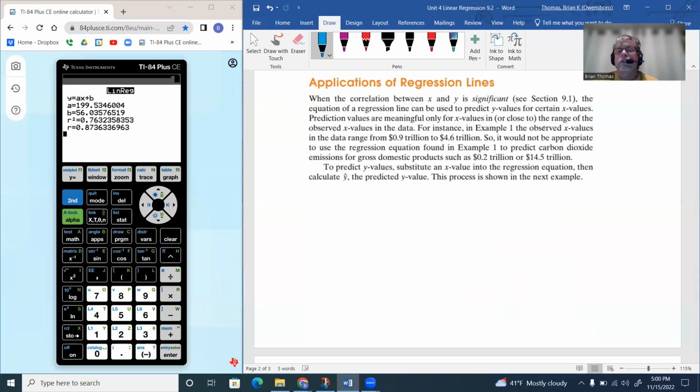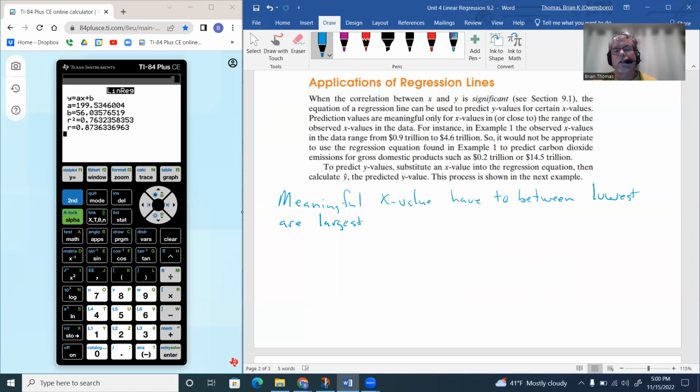So what I mean by range is, meaningful x values have to be between the lowest x value and the largest x value. So they have to be somewhere between there.